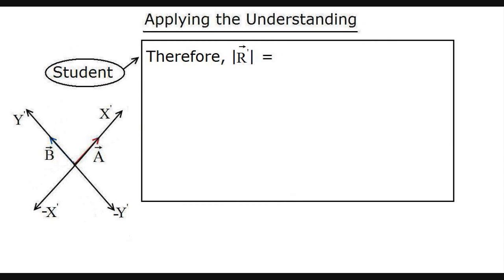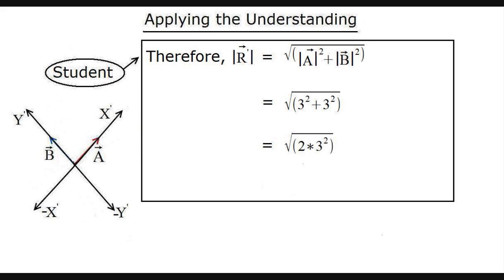Therefore, magnitude of the vector r prime bar is equal to square root of magnitude of vector a bar whole square plus magnitude of vector b bar whole square, which is equal to square root of 3 square plus 3 square, which is equal to 3 times square root of 2.